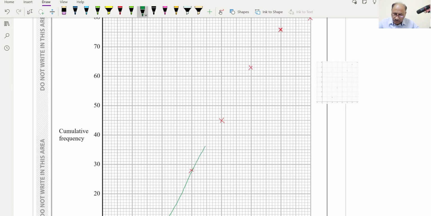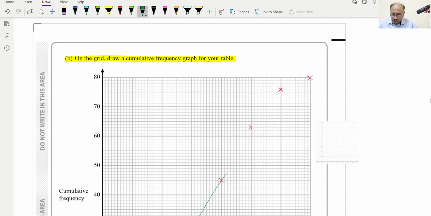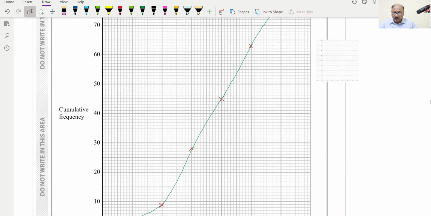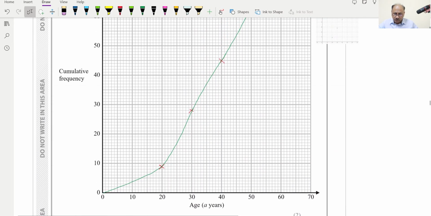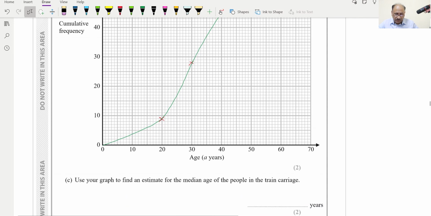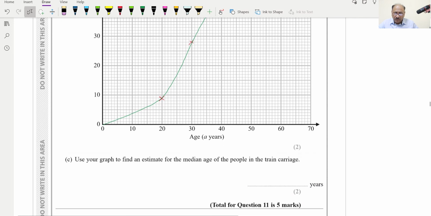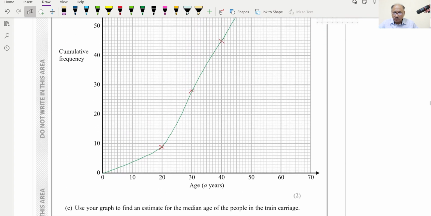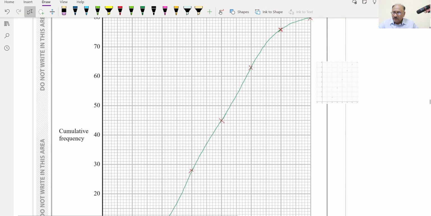We can redraw over here, and then it's passing through this point, and this one we can redraw like this, passing through over here. So we have tried our best to draw a smoother curve. You cannot use a scale, you cannot draw straight lines, you have to be accurate, and it should be a smooth curve, not a zigzag curve.